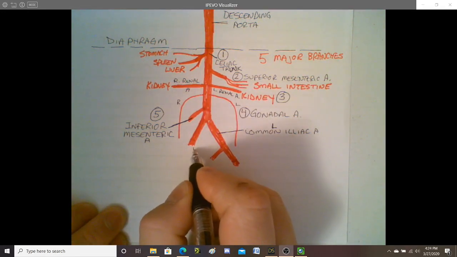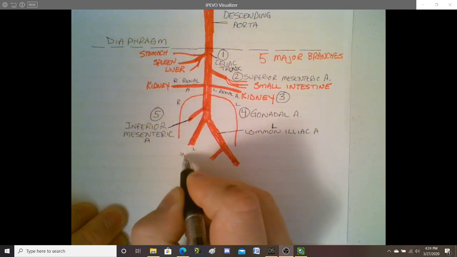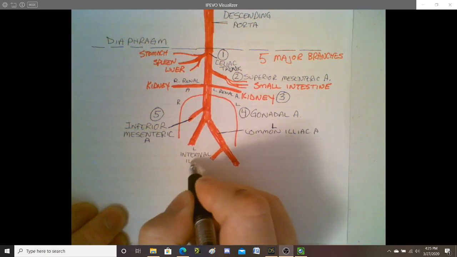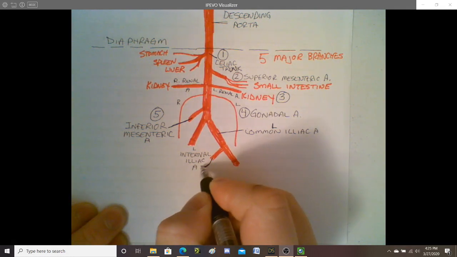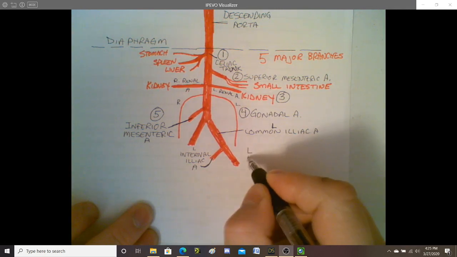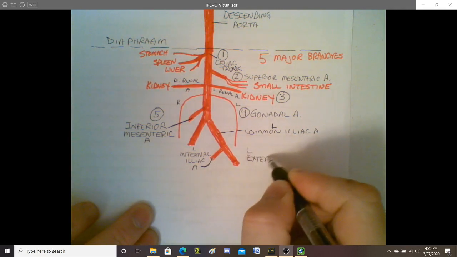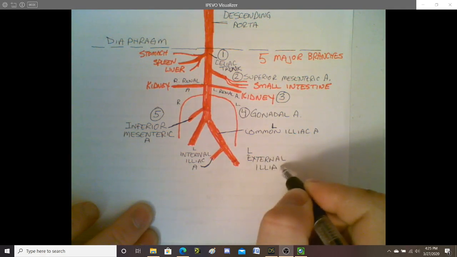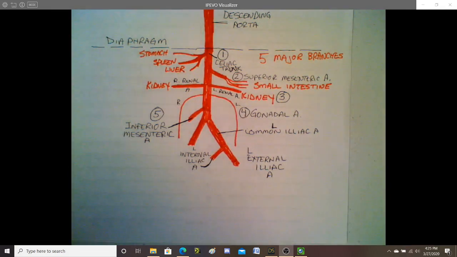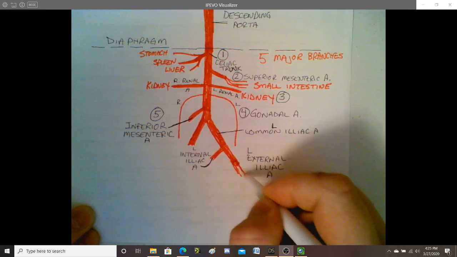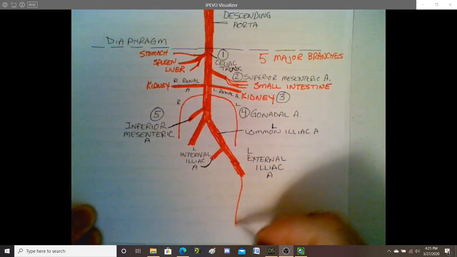So this will be the internal iliac artery. That's this guy. And then the one going out is the left external iliac artery.